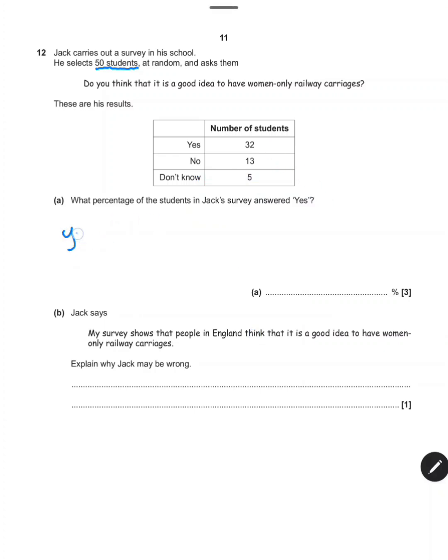Well, yes is 32 out of 50. And we want to turn this into a percentage. The easiest way to get a percentage is to get your fraction out of 100. And if we multiply top and bottom by 2, we get 64 out of 100. As soon as we've got out of 100, we've got our percentage.